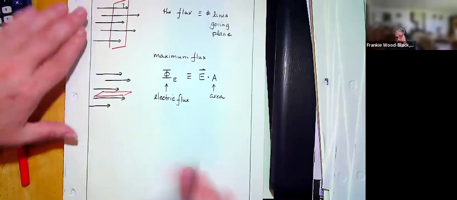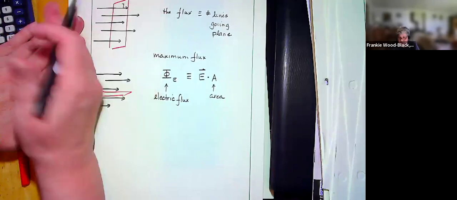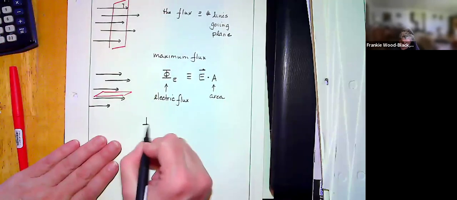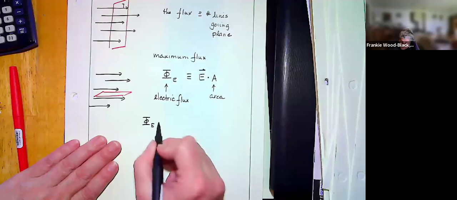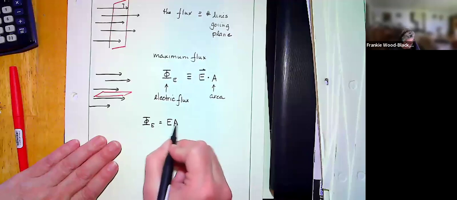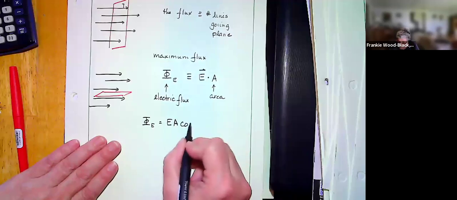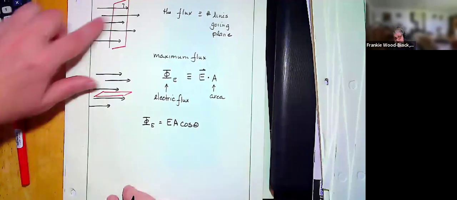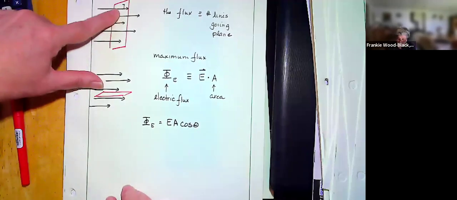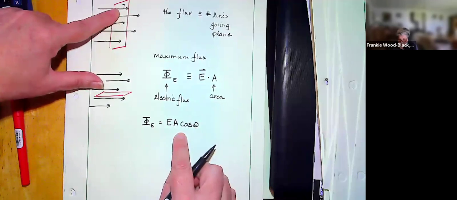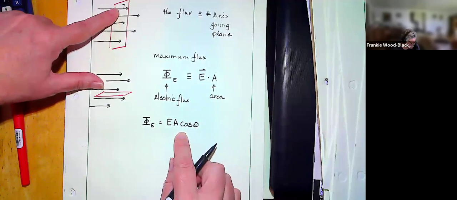Now, I just showed you that as we tilt our plane, we're going to get a different set of lines. And so we actually look at this as the cosine of the angle as it's related to this here. So we can actually play with that, and that will give us the magnitude, our electric flux.